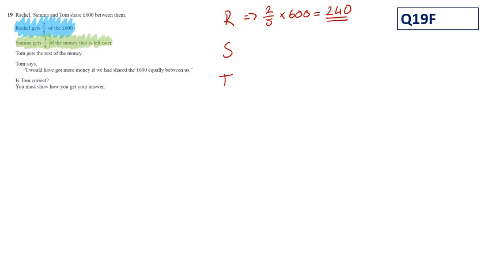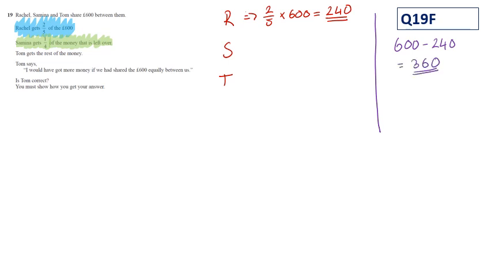Now if I continue reading on, it says Samina gets 1/4 of the money that's left over. Okay, so 1/4 of the money that's left over. So initially we had £600, and I've just given 240 to Rachel. Rachel's taken £240 there. So if I do 600 take away 240, that will give me £360.